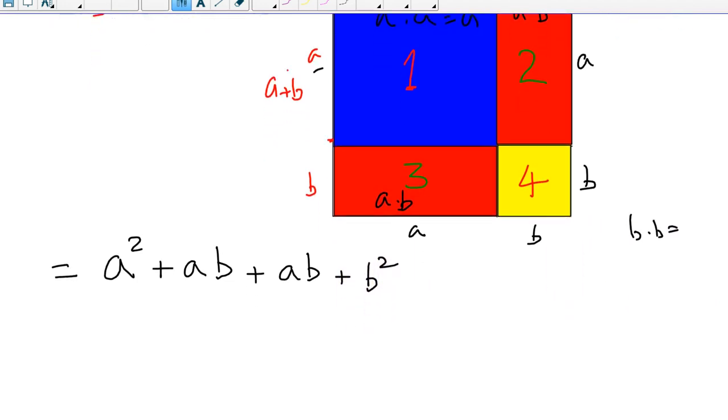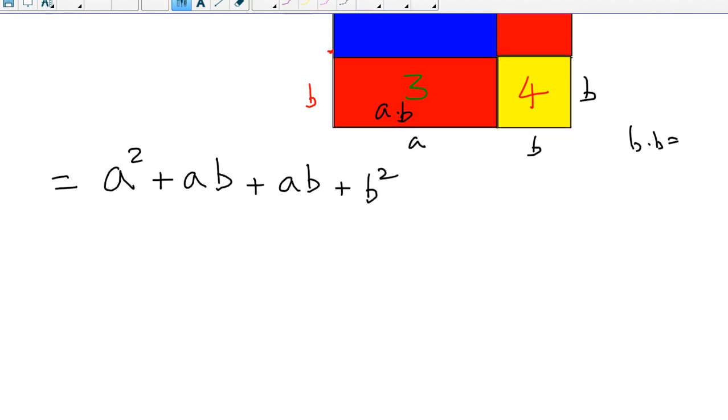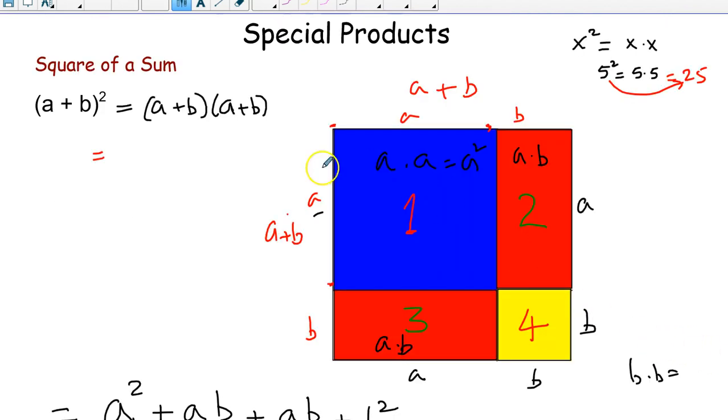Okay, now where did we start off? We are looking for the area of this big square, whose side is a plus b. So (a plus b) times (a plus b) gives you the whole area of this square, right?